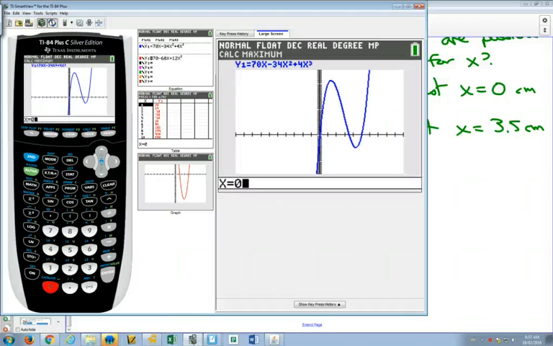Left bound 0. Right bound 3.5. Oh well, that'll be good enough. And we could have found that same maximum that way. So we have a couple of options. Since we know we're finding the maximum, it's just nice to know that when you get a value from your calculator, you can store it and keep all those sig figs.